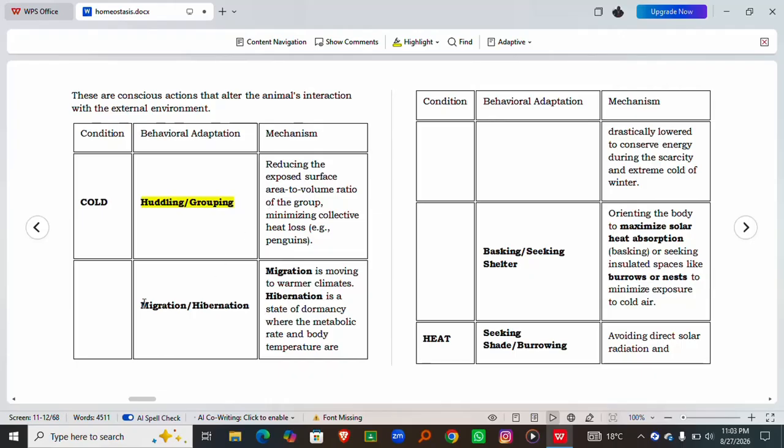Then we have migration or hibernation. Organisms migrate and go to warmer climates when it is too cold. For example, bird species increase in Africa during winter in, for example, Europe.